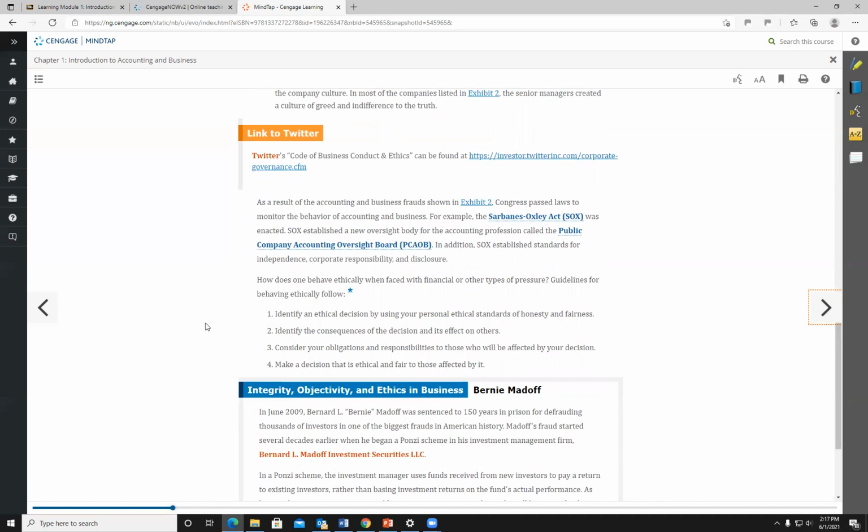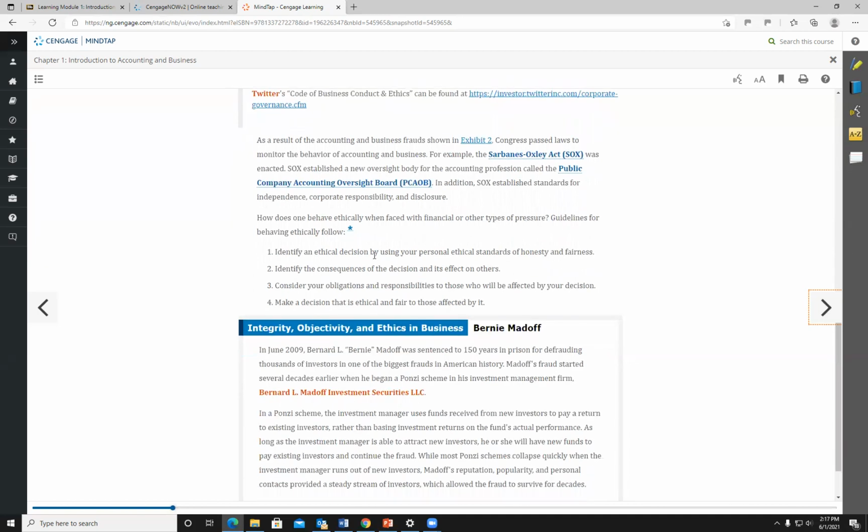In addition, SOX established standards for independence, corporate responsibility, and disclosure. And here are some guidelines below that they've created to determine how to act ethically.